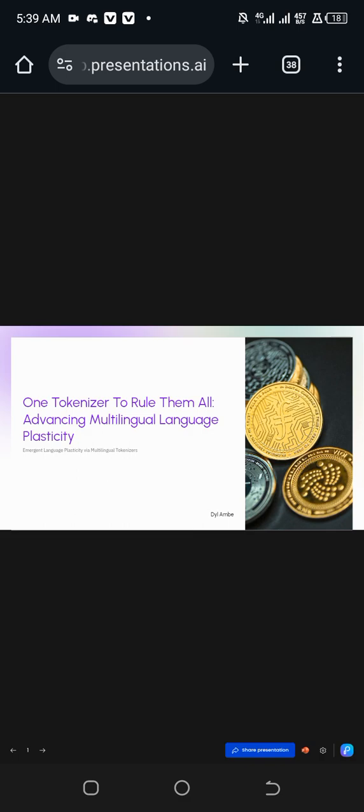They are trying to prove that it can generalize to unseen new tokens, new languages, or new multilingual zones. So that's the main gist of the paper.